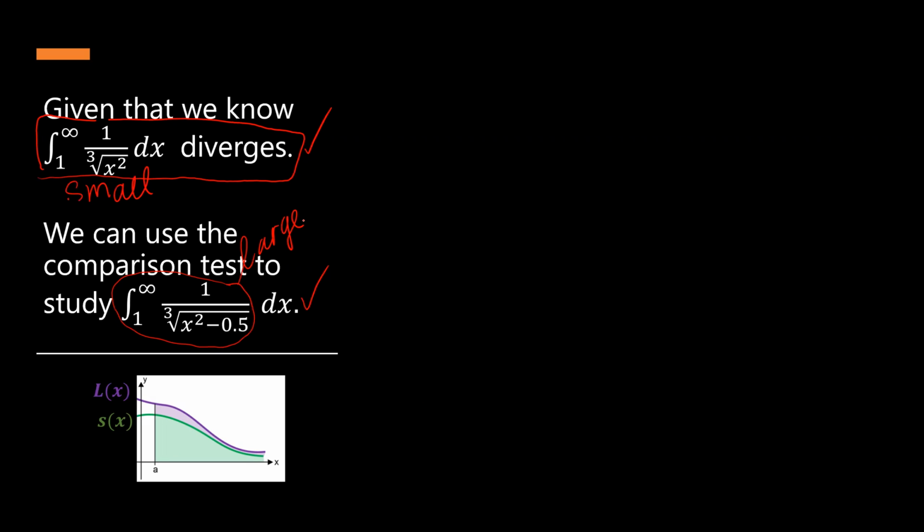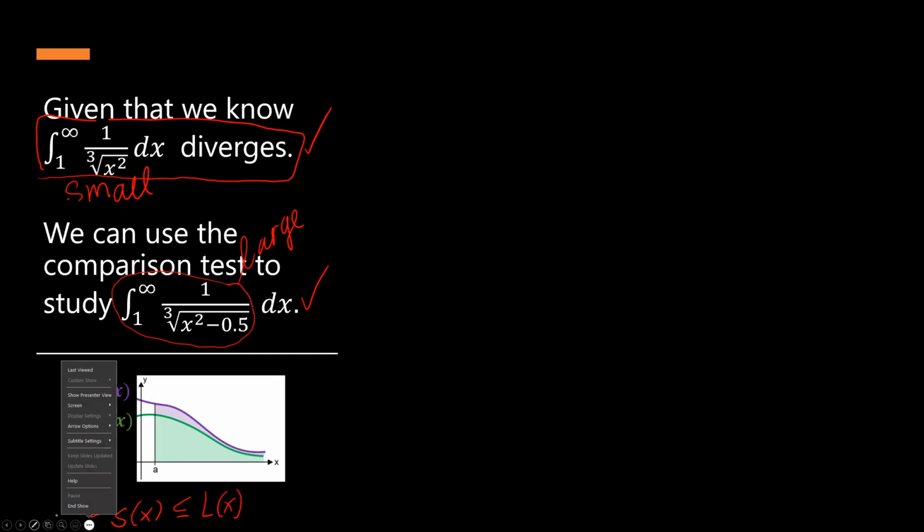Our job is to show that S of x is going to be less than or equal to L of x, like this, okay? And the function values are positive. Make sure that the function values are positive.